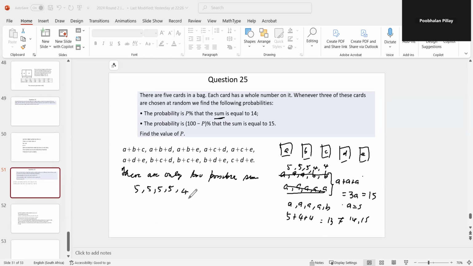Okay. Now, they say the probability is P% for the sum to be 14. And so for the sum to be 14, how many times do you have 14?